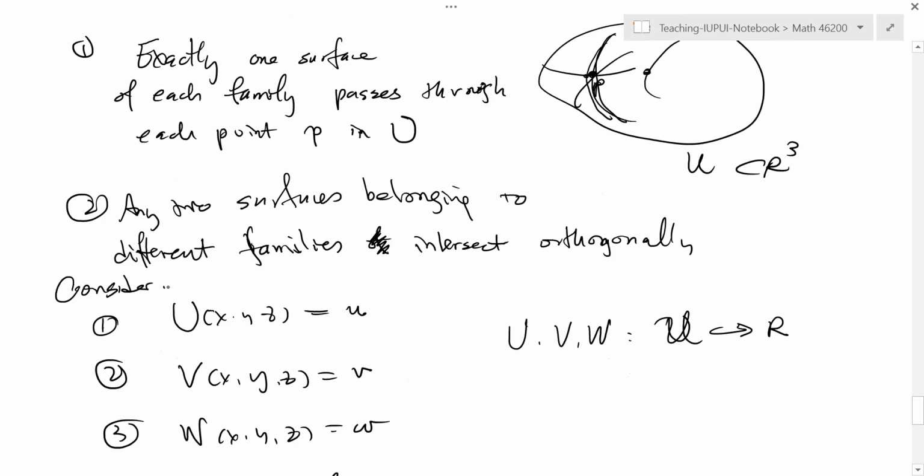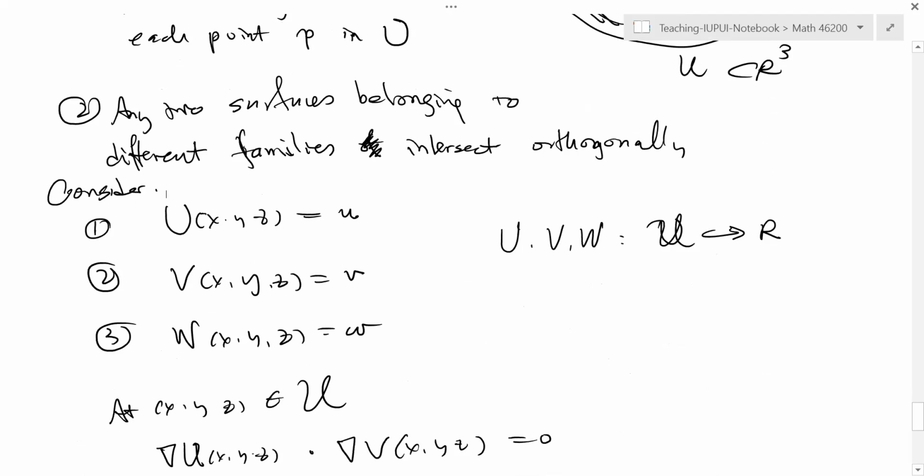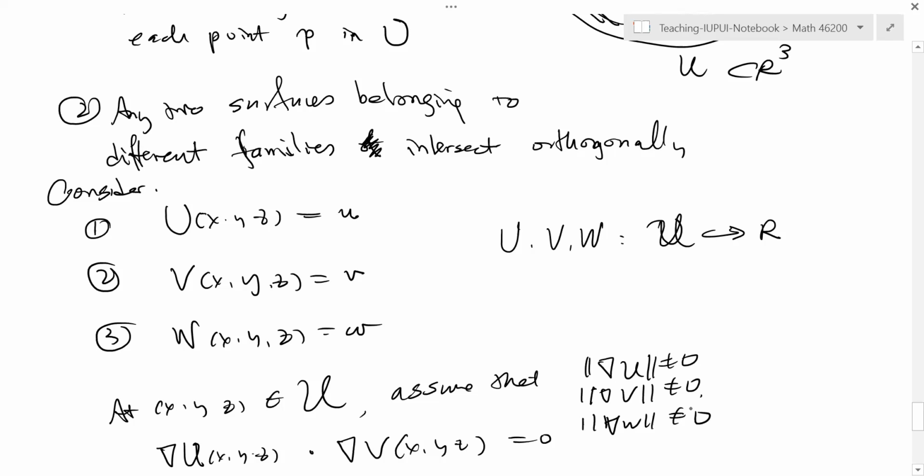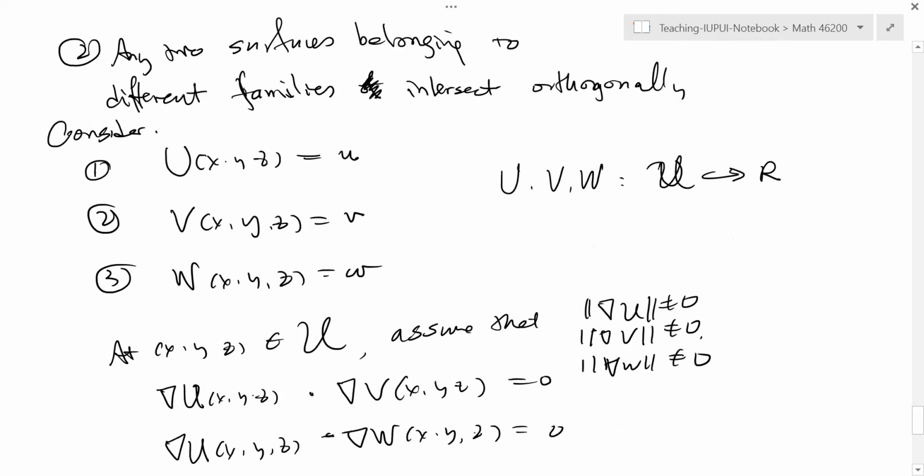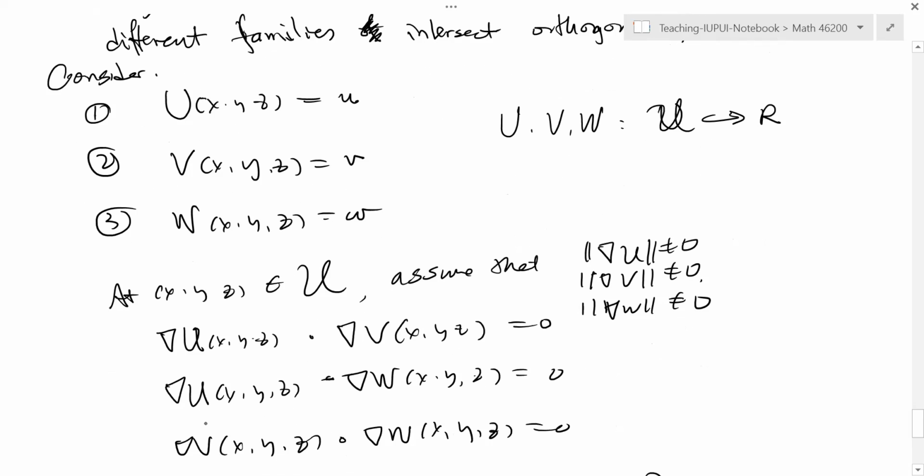And we assume that at any point the gradient of u is not going to be zero, the gradient of v is not going to be zero, the gradient of w is not going to be zero. So you get three smooth surfaces, and in addition they satisfy those three conditions.